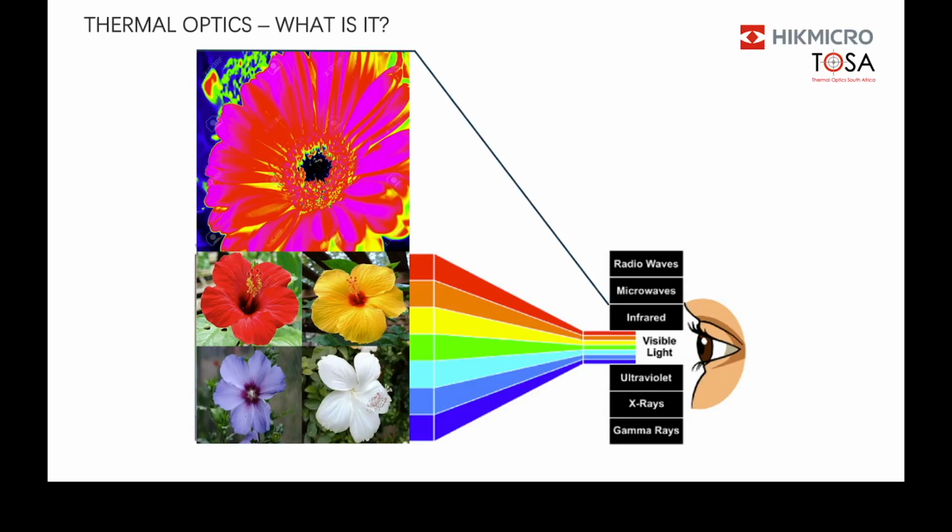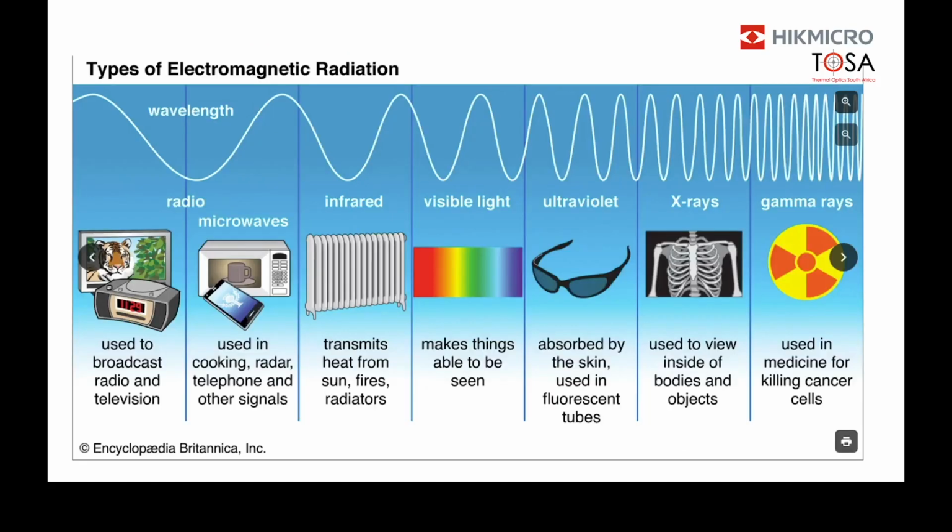This electromagnetic radiation has a wavelength that's longer than what our eyes can perceive. So what you're seeing there is an actual representation of heat that has been modified so that we can visually see it.